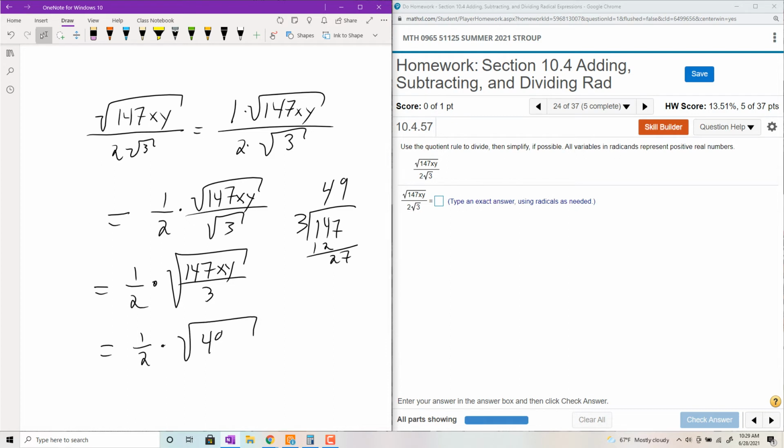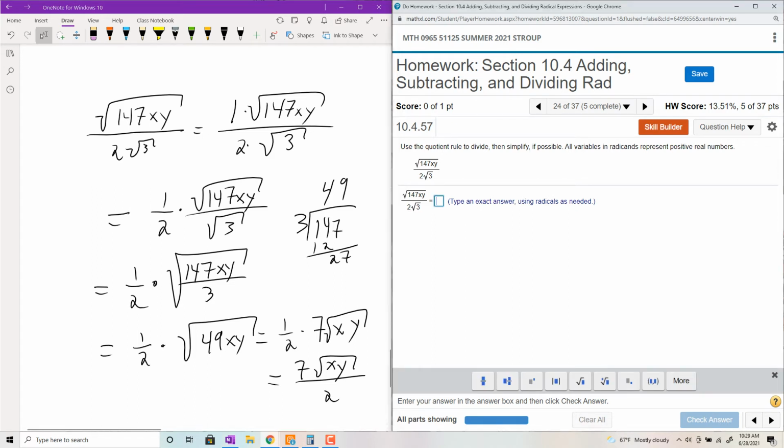So 49xy, that'd be 1/2 times 7 square root xy, which you could then rewrite as 7 square root xy over 2. Backslash square root xy over 2.